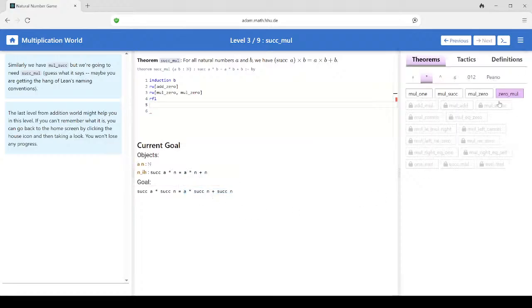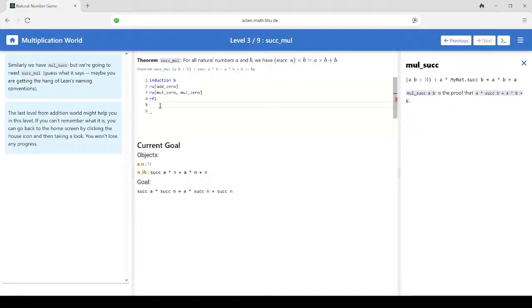Okay. Rewrite multiplier. Wait. Oh, that didn't change the one I thought it would. I'm sure I did the exact same thing yesterday. Okay, so it does work for this.